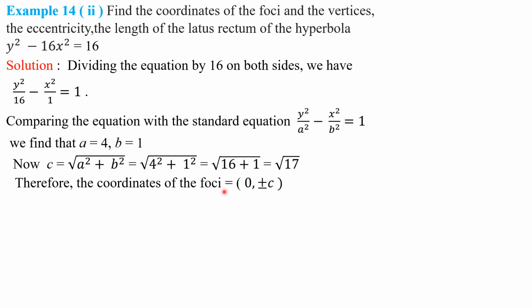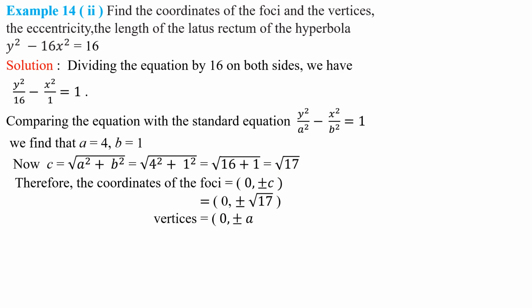That is why the coordinates of the foci are ordered pair 0, comma plus or minus c. Understood this point, my children? Right. That is equal to ordered pair 0, comma plus or minus root 17, because we got the value of c. c is equal to root 17. Understood this step, my children? Right.